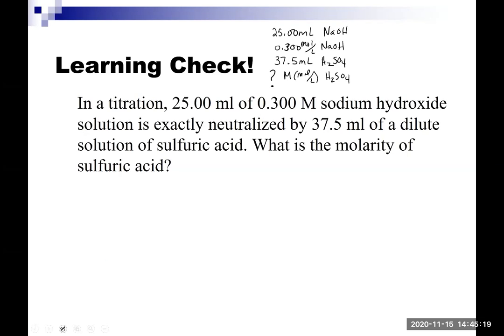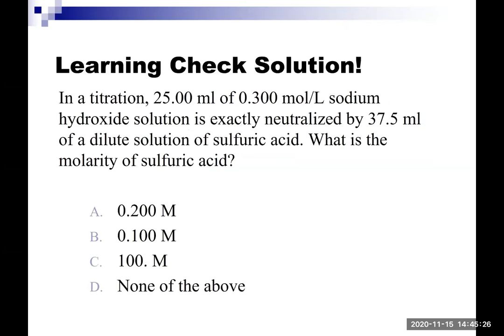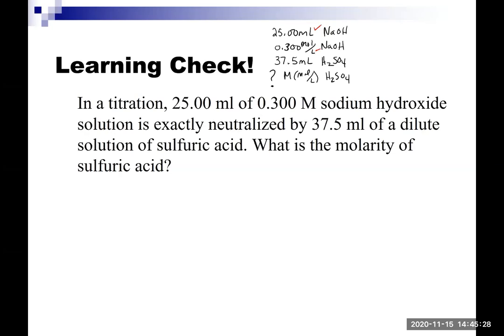If we start evaluating here, we can see that we have mL and liters in our known values, and here we have mL again. So we're going to have to work that out when we start looking at this problem.